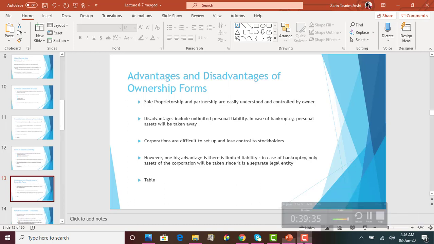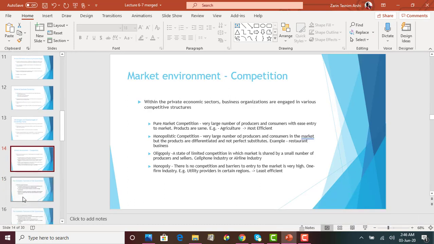So moving on, there are also 4 different types of market structures. In a free market society, there are 4 different types of market structure. Now, when you take a micro class, you will learn about these market structures in detail, but still in this class, you have to know what the 4 different types of market structures are and some of their characteristics.